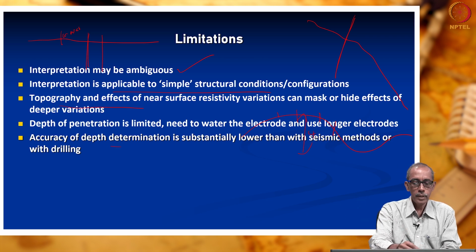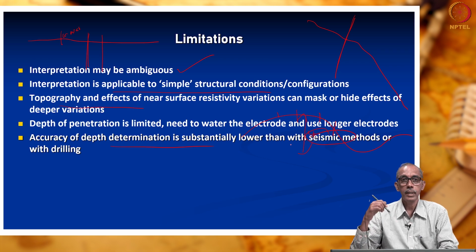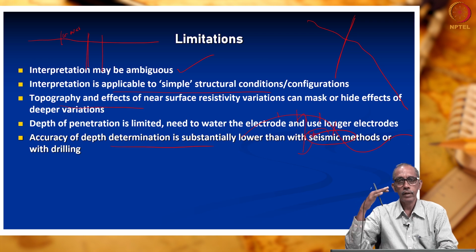The accuracy of depth determination is a little bit lower compared to other geophysical methods. In seismic methods, determination of depth is much more accurate, whereas in the electrical resistivity method, the depth of different subsurface layers is only approximate.